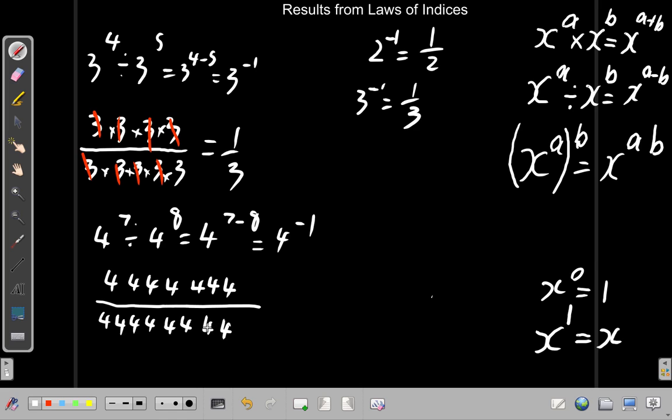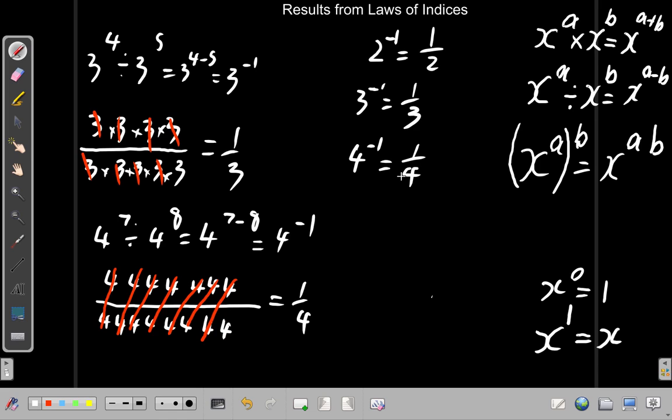Now, if we cancel down, they all multiply each other, but I won't bother to put the multiplication sign there. Cancel, cancel, cancel, cancel, cancel. What we have left here is 1 over 4. So this is saying 4 to the power of negative 1 is equal to 1 over 4.